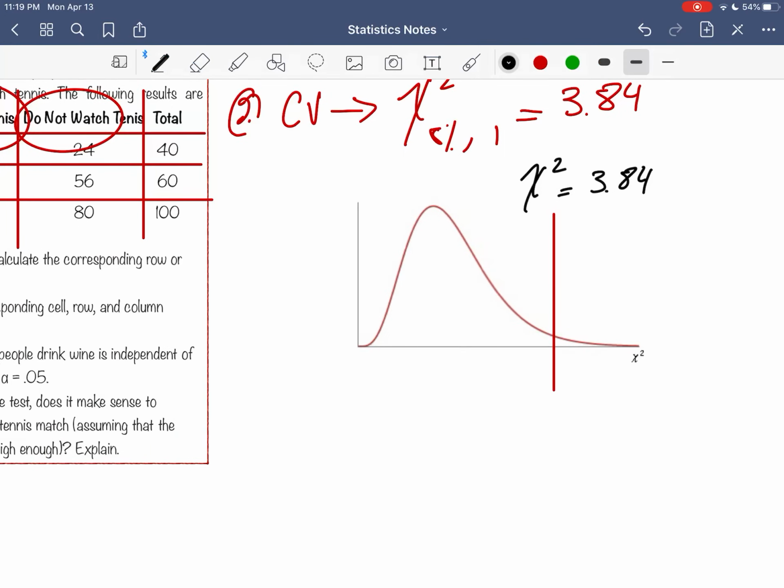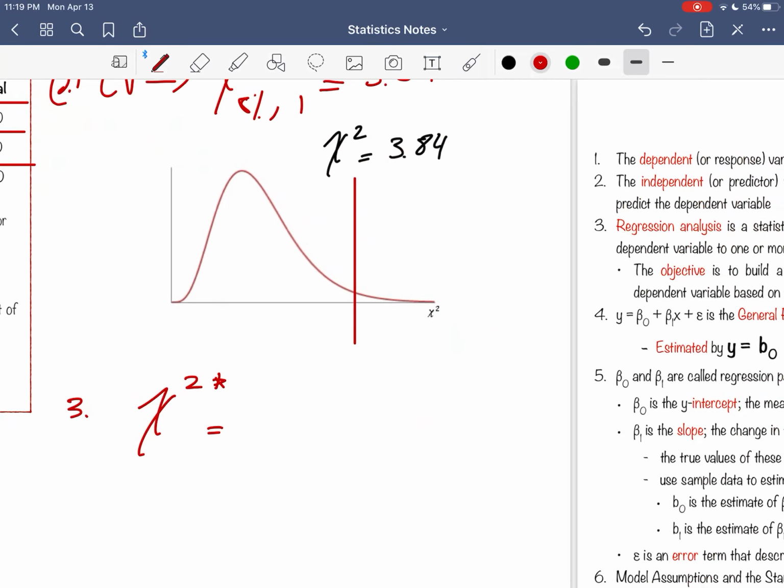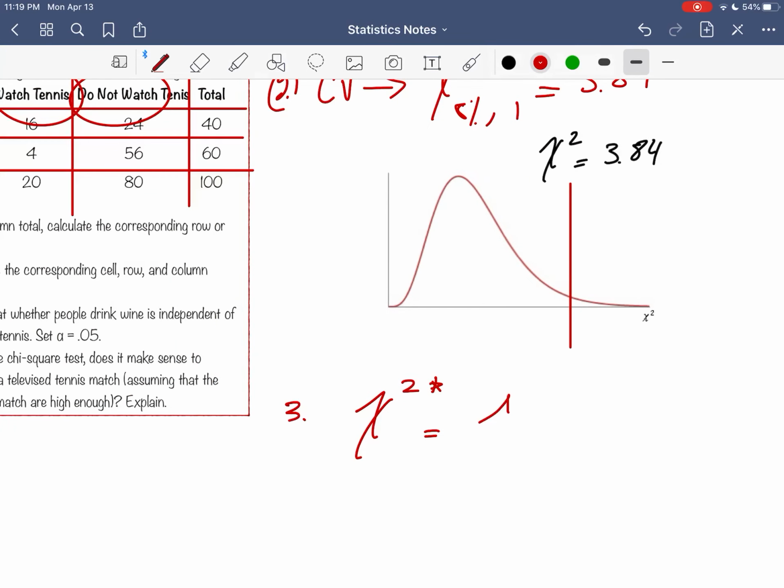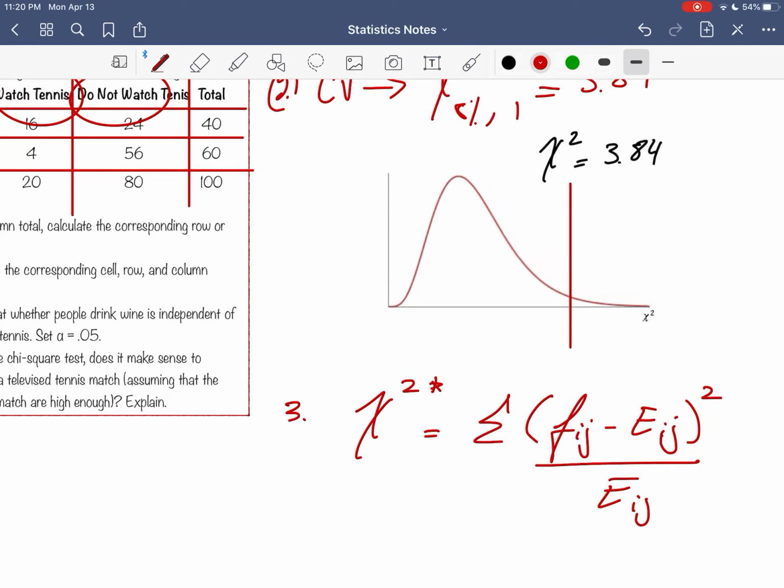So, step 3, the test statistic is going to be chi-squared star, equal to the sum of observed ij minus expected ij squared divided by expected ij.